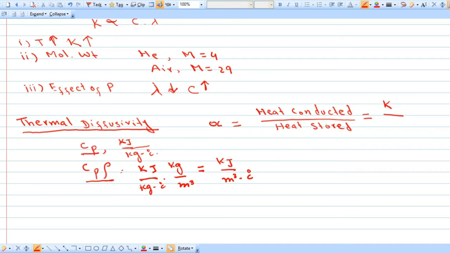For thermal diffusivity we use heat stored per unit volume per degree C, that is rho Cp.